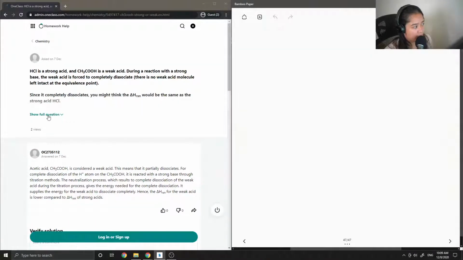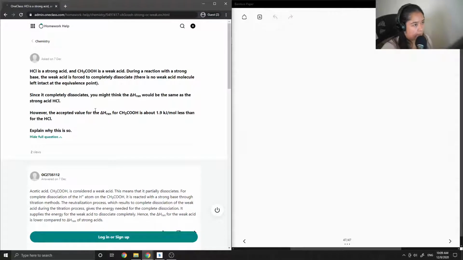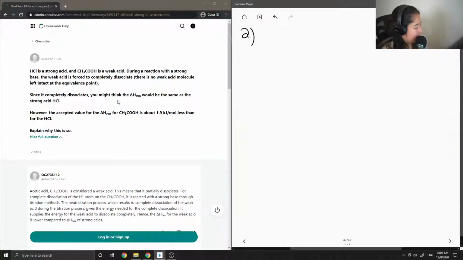Okay, so on to question 2. HCl is a strong acid, and acetic acid is a weak acid. During a reaction with a strong base, the weak acid is forced to completely dissociate. There is no weak acid molecule left intact at the equivalence point.